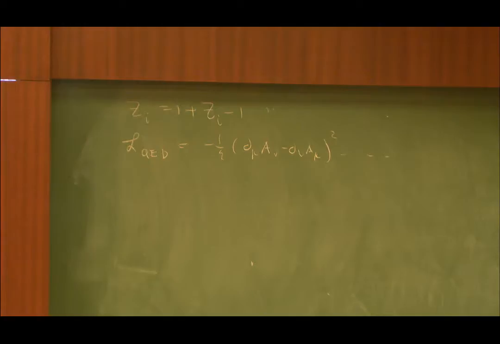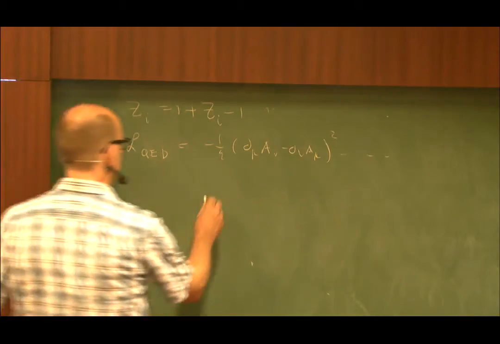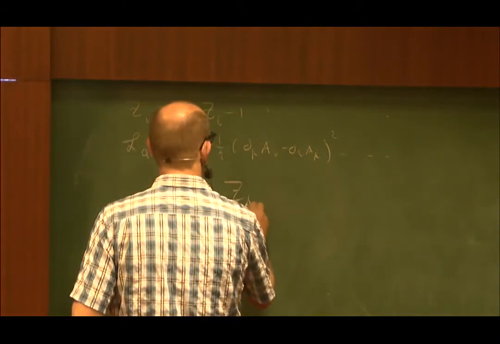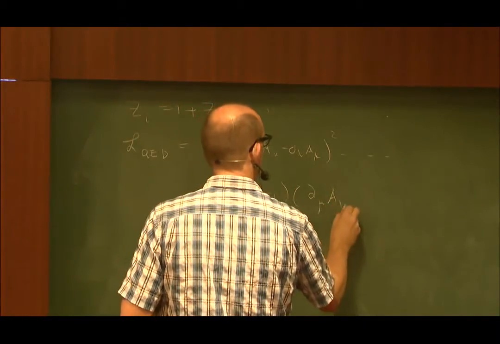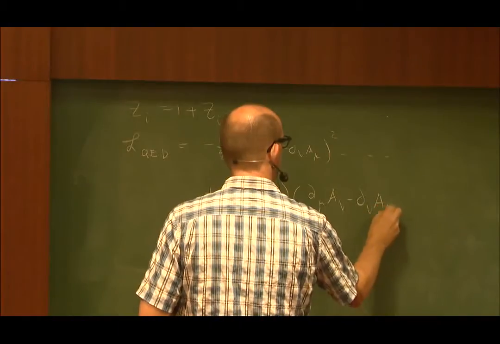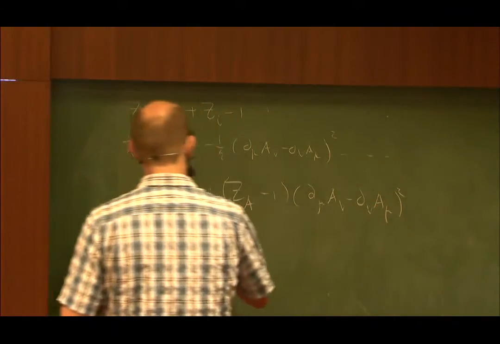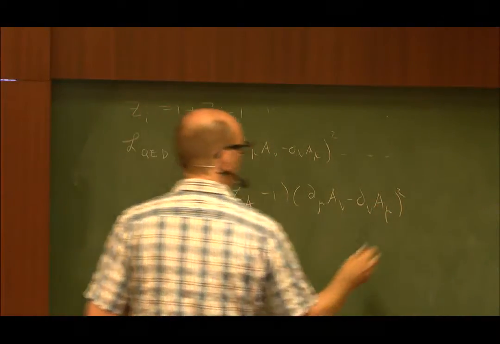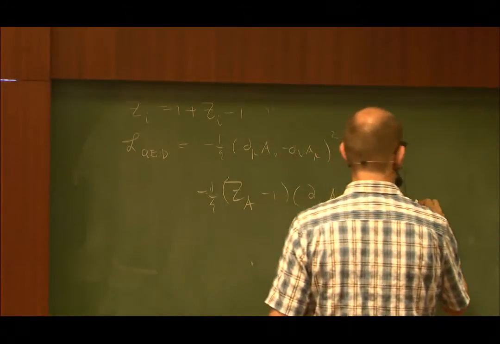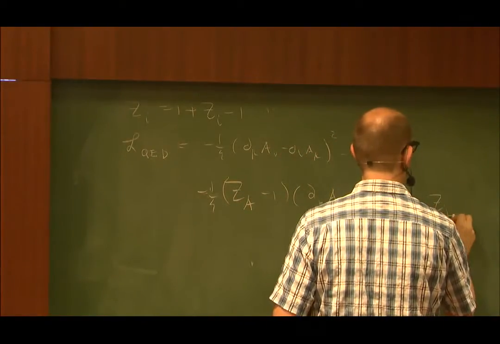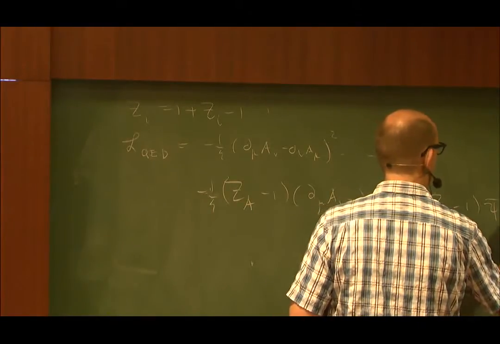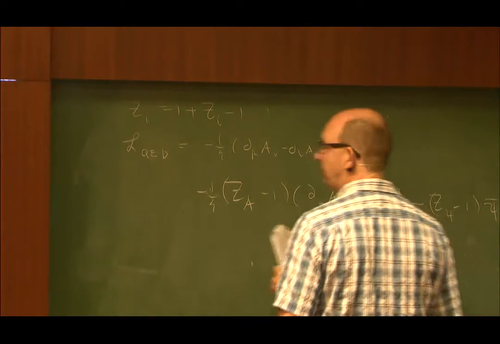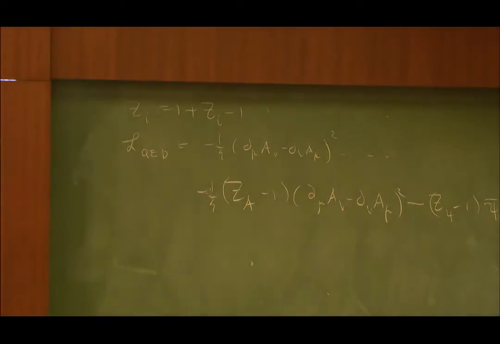But I get more terms now. I get plus (ZA minus 1) times minus a quarter (d mu A nu minus d nu A mu) squared, plus (Z psi minus 1) psi bar d slash psi, etc. I get all the Z minus 1 terms.